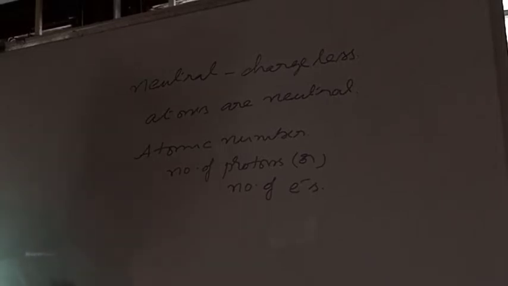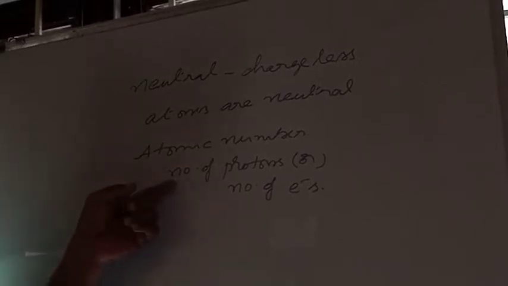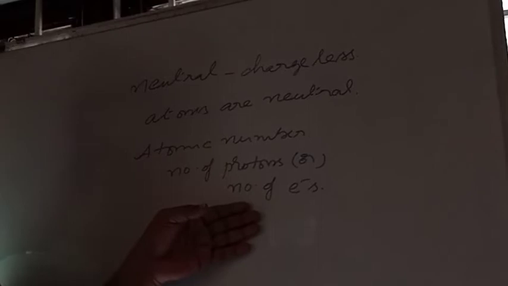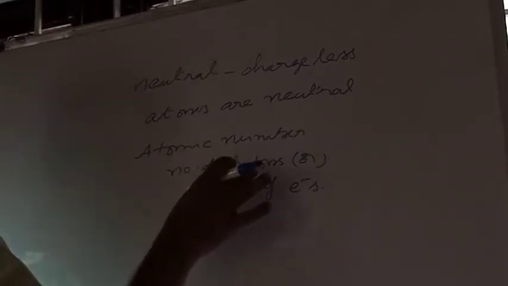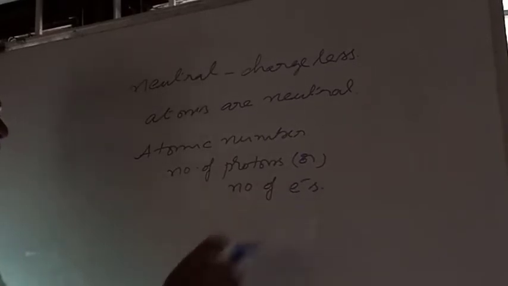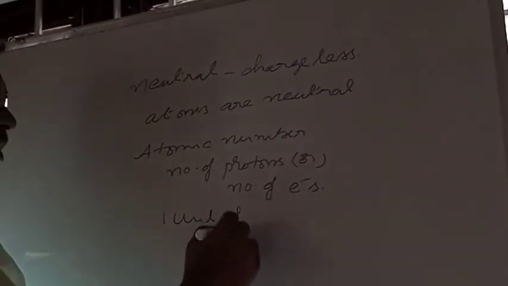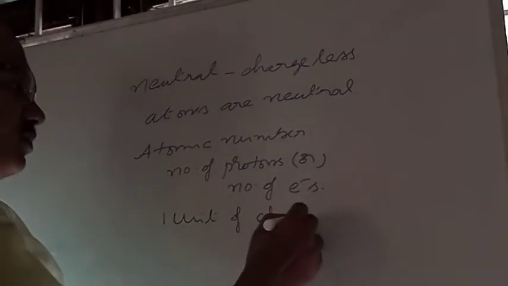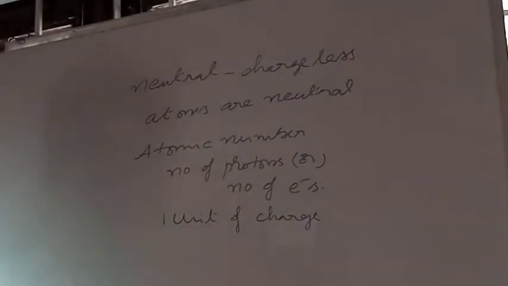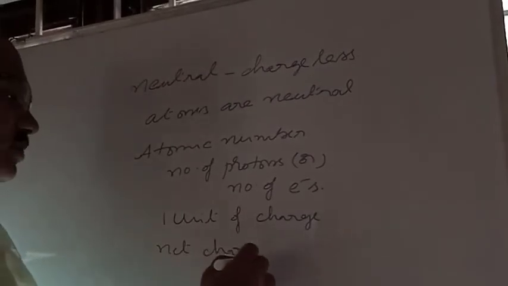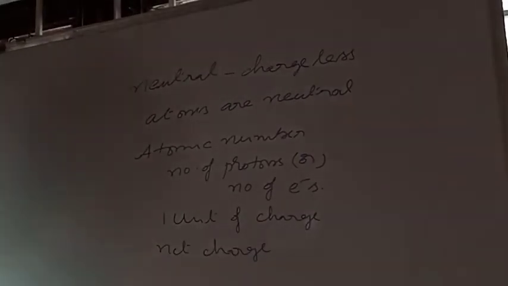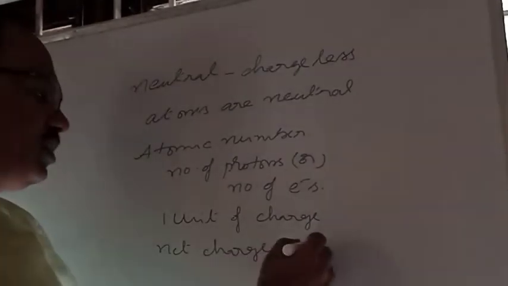The number of protons and the number of electrons are equal, and each proton and each electron carries 1 unit of charge. Therefore, the net charge on an atom is always equal to 0.